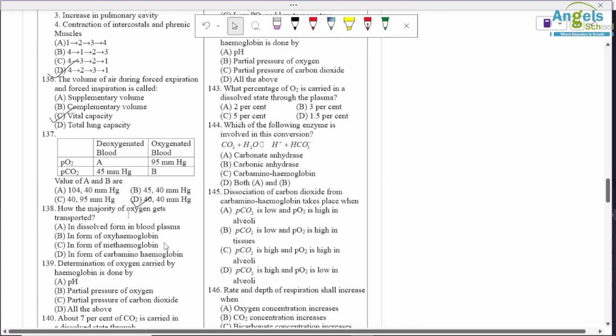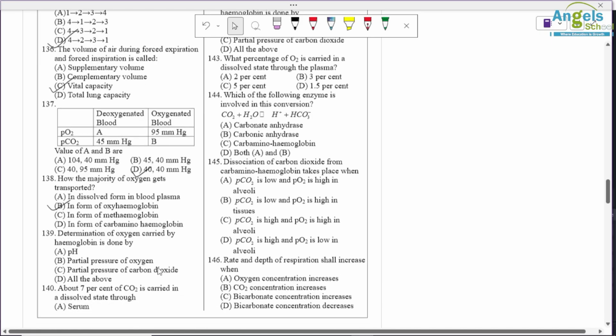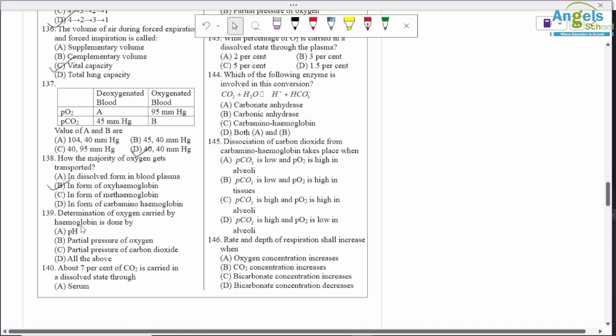Question number 138, how the majority of oxygen gets transported. Okay, so the majority, 97%, of oxygen is transported through hemoglobin only, in the form of oxyhemoglobin, and 3% is dissolved in plasma.